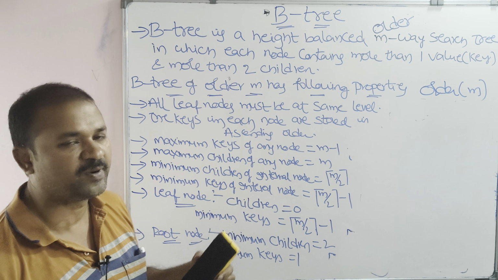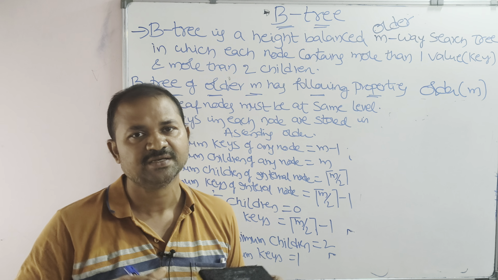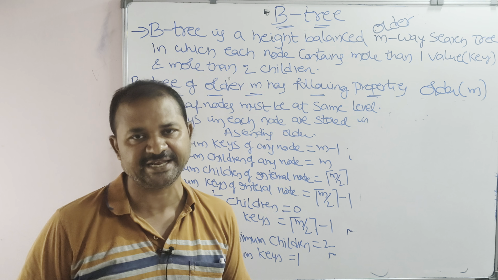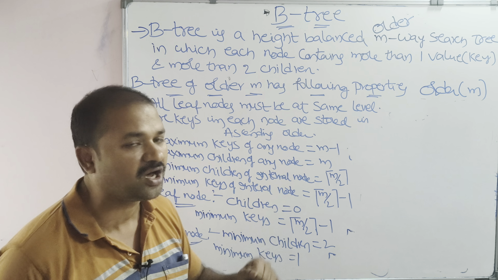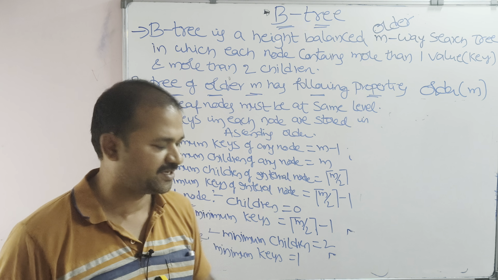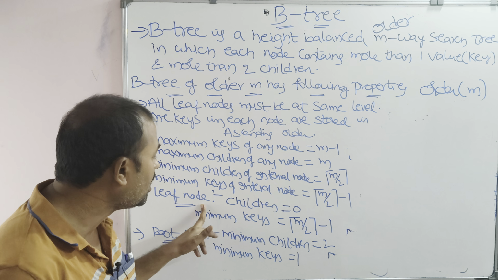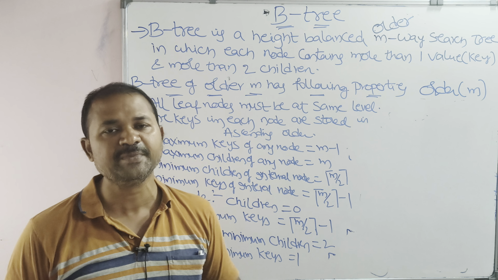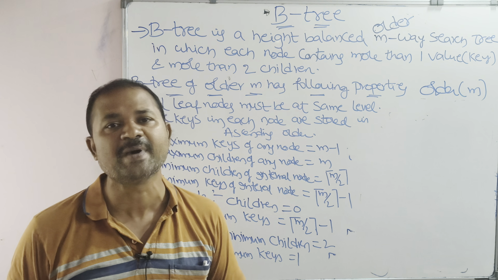Next, leaf node properties. We know what a leaf node is. A leaf node means the node with no children. The children of a leaf node are 0. Why? Because a leaf node doesn't have any children. Next, the minimum keys of a leaf node are similar to the minimum keys of an internal node, ceil of m by 2 minus 1.